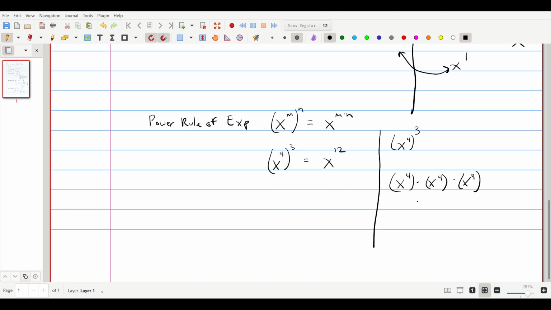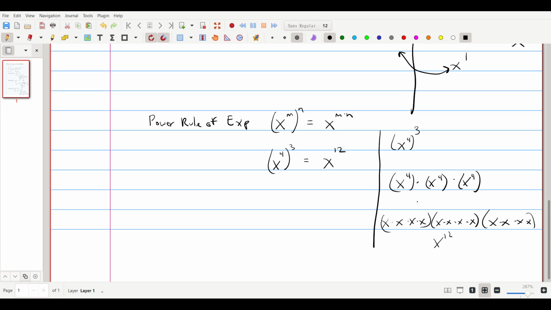We can use the property that we learned above, the product rule of exponents, right? Because this really means x times x times x times x. That's the same thing, x times x times x times x. This one is the same thing, x times x times x times x. So we can drop the parentheses. How many x's do we have? We have 4, 8, 12, so x to the 12.